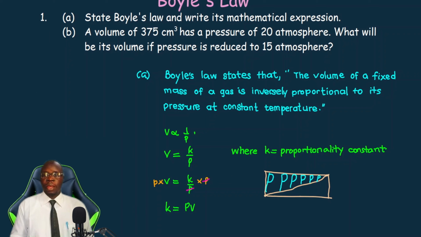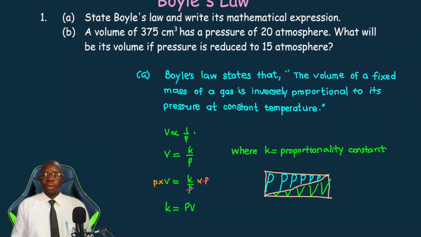Now when we put V beginning from here, our V begins small and is growing bigger and bigger. And that is the meaning of inverse proportion. As one quantity reduces, the other quantity must increase.